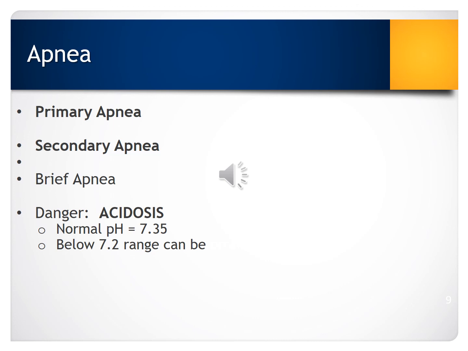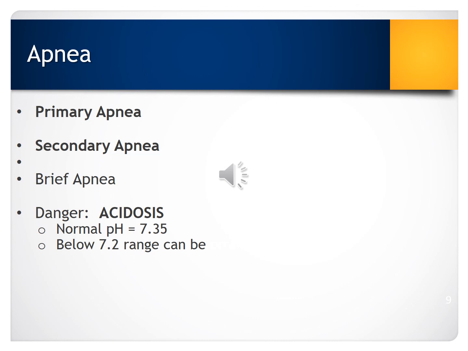So the baby may not come out crying or taking that first breath, but with vigorous rubbing or tapping of the foot, the baby says, oh, I should take a breath, and has that first breath. In secondary apnea, there is no response to stimulation, and so oxygenation is required.